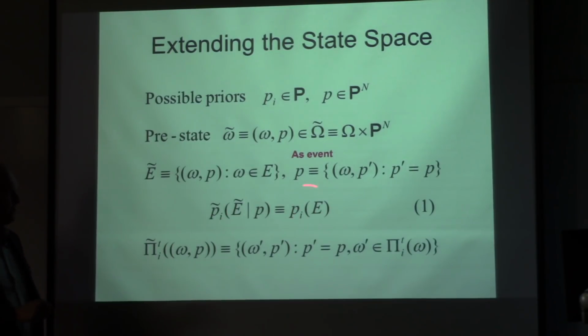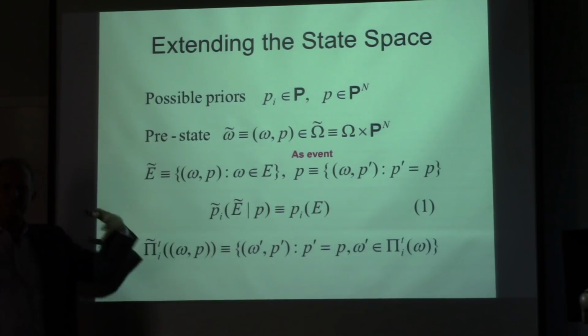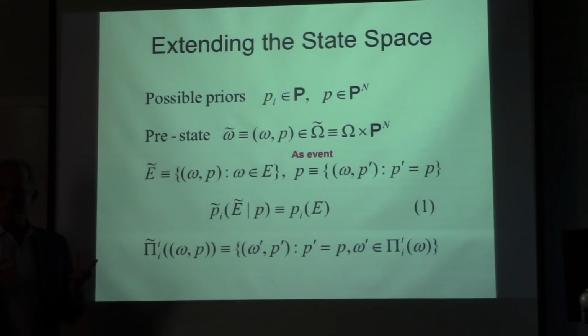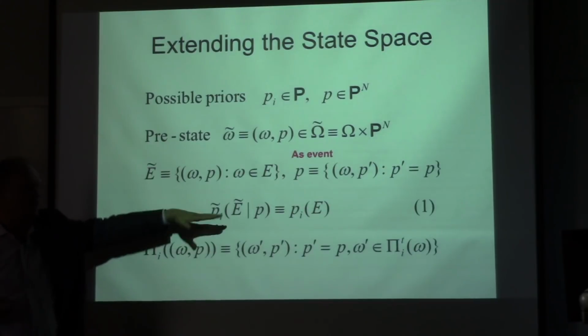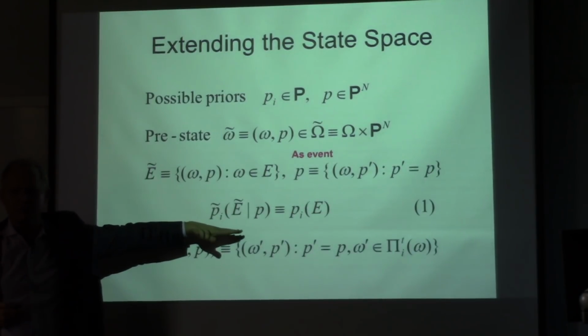That is, if we have a prior applied to some event, the extended version is just, we would condition on the subspace, which is the ordinary thing, and then we've got the conditional version. And if this agrees, then this is the extended version. So the key idea is, we can at least extend the prior that's within each of these ordinary spaces as a function in this larger space, as long as we only focus on the conditional versions.